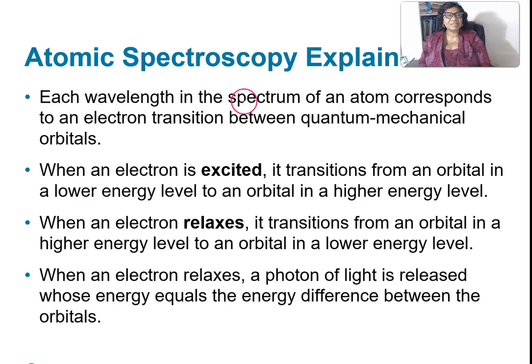Each wavelength in the spectrum of an atom corresponds to an electron transition between the quantum mechanical orbitals.